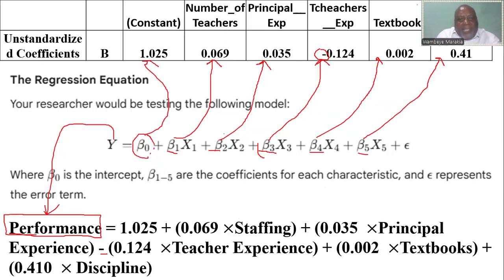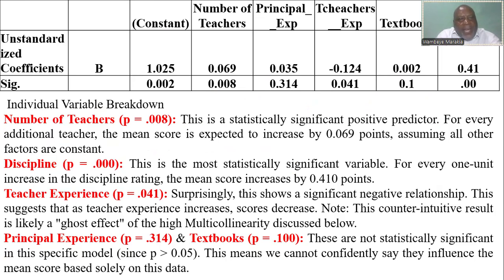But in this, I have toggled the table so that you can be able to see these two. 0.069, which is the unstandardized coefficient which we used, has a significance level of 0.06 here.